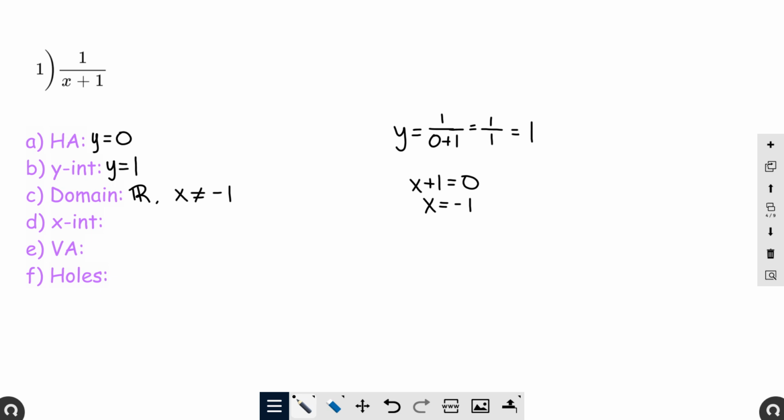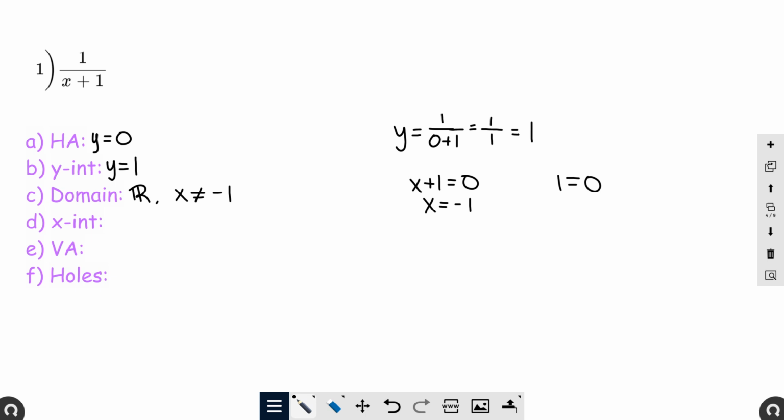All right, x-intercept. Let's look at our paper. It says simplify, then set the numerator equal to 0 and solve for x. So we talked about how this is simplified as much as possible. What's in my numerator? 1. If I set 1 equal to 0, can I solve that for x? No, it doesn't have an x in it, right? So this doesn't work.